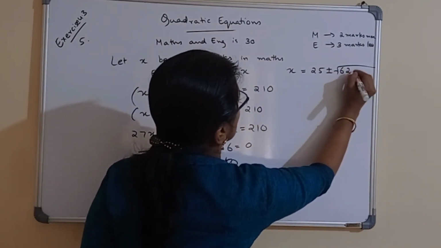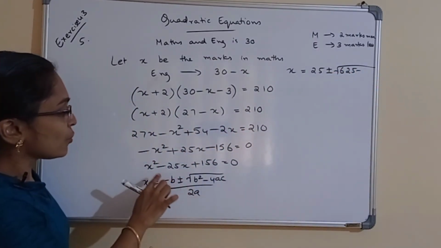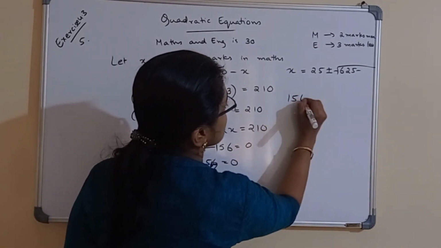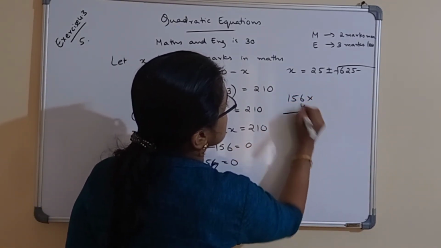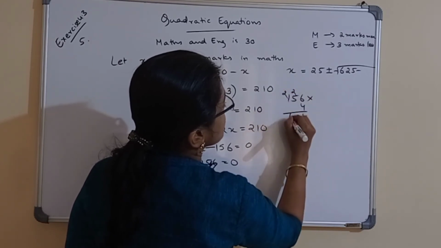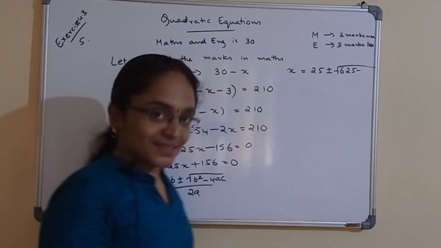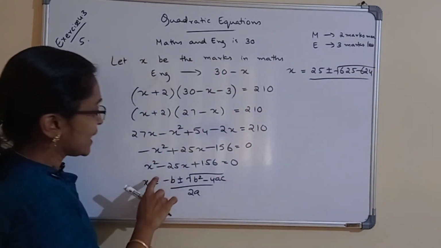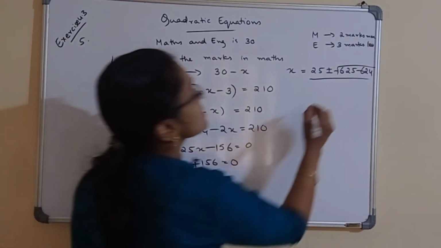It is 625 minus 4 into 1 into 156. That is 156 into 4, which is 624, by 2a, 2 into 1, so 2.